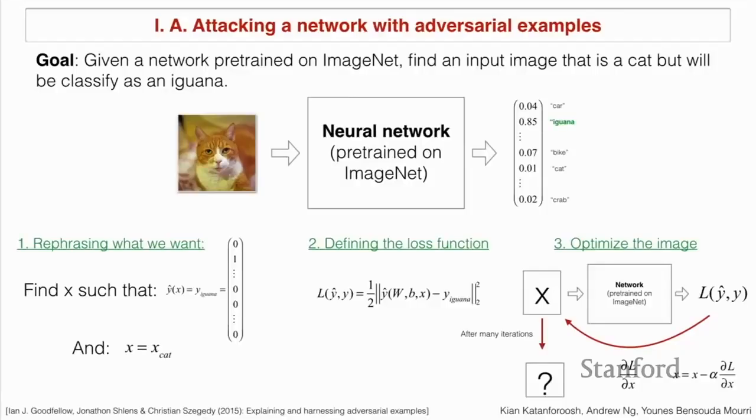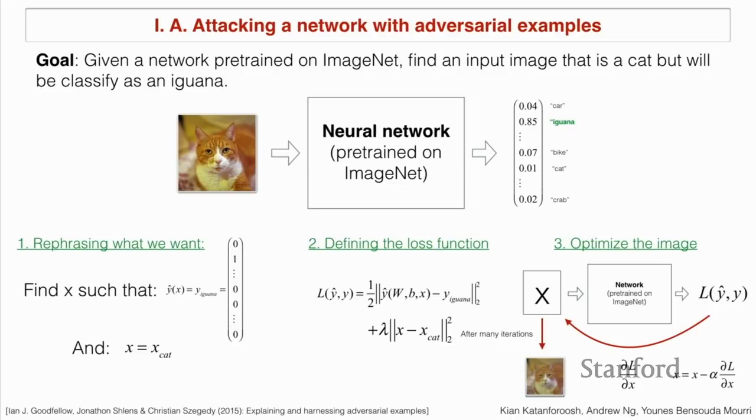And in terms of loss function, what it does is that it adds another term which is going to decide how close x should be to x cat. If we minimize this loss, now we should have an image that looks like a cat because of the second term, and that is predicted as an iguana because of the first term. Does that make sense? So we're just building up our loss functions. And I guess you guys are very familiar with this type of thought process now. Okay, and same process, we optimize until we hopefully get a cat.